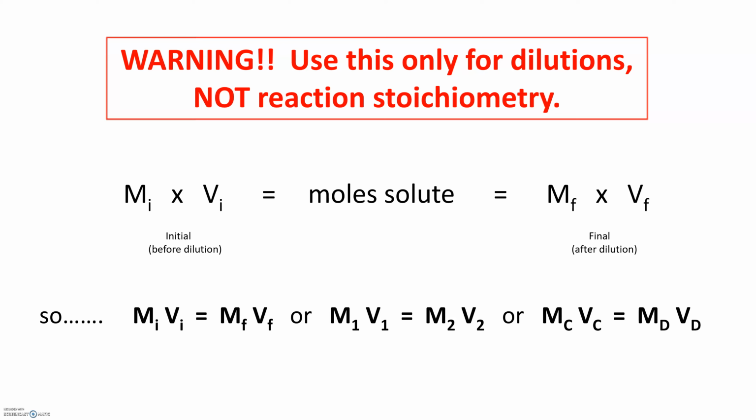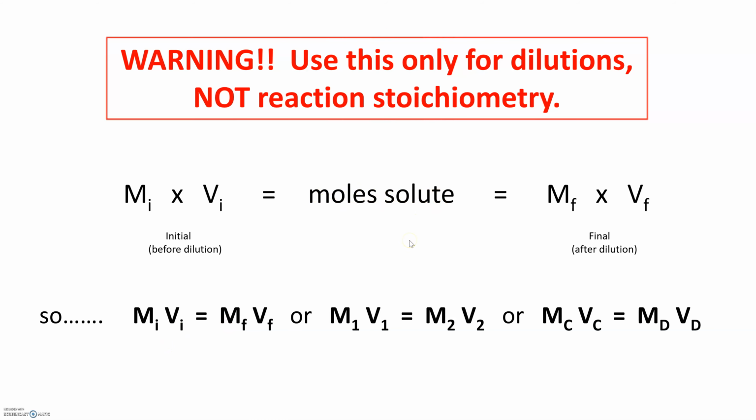All right, so after all of our calculations in the previous chart, we can boil this down to a very shorthand version here. We have our initial set of conditions, our initial concentration and volume, and our final, or our diluted version over here, molarity and volume. They're both equal to the moles of the solute here in the middle.